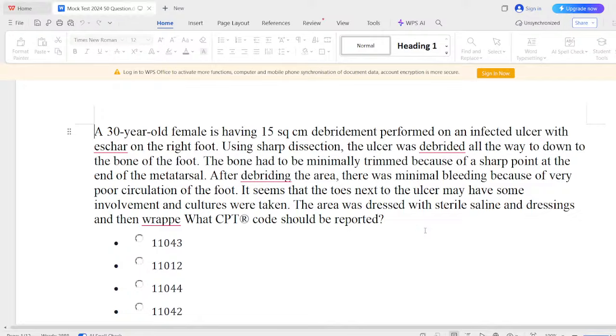After debriding the area, there was minimal bleeding because of very poor circulation of the foot. It seems that the toes next to the ulcer may have some involvement and cultures were taken. So the area was dressed with sterile saline and dressing and wrapped. What CPT code should be reported for this?